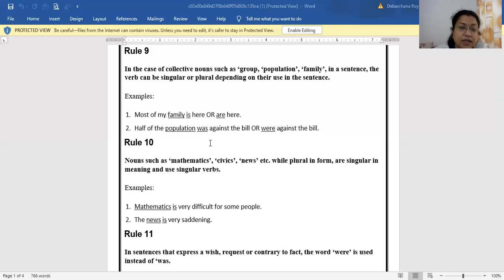Mathematics is very difficult for some people. Mathematics is a subject, children, are you getting me? That is why we are using is. The news is. News, actually there are many news items, but it's one, right? So there is a little bit of ups and downs, a little bit of confusion.